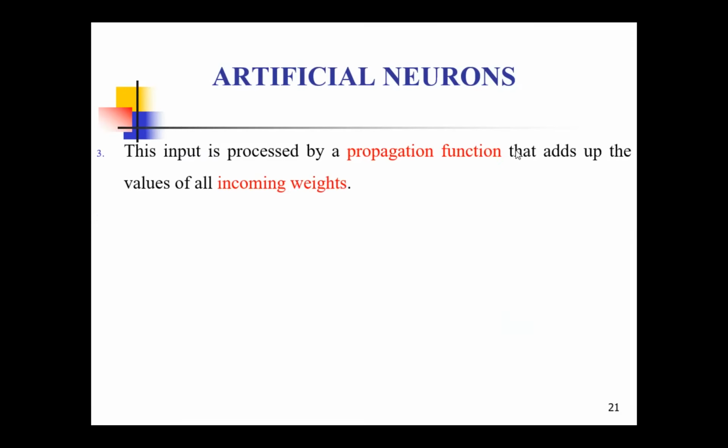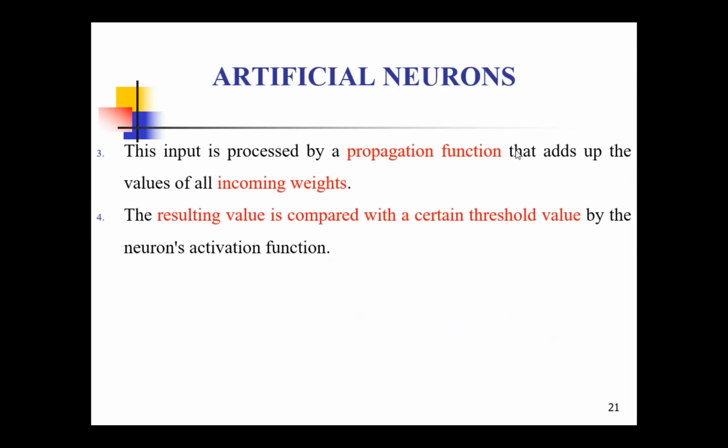The input is processed by a propagation function that adds all the weight values of the incoming weights. So the input is processed by a propagation function or an activation function based upon the input weights that we give for each and every variable.